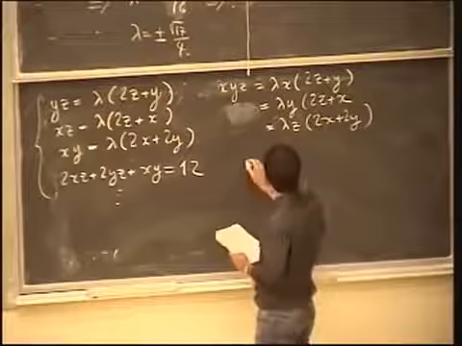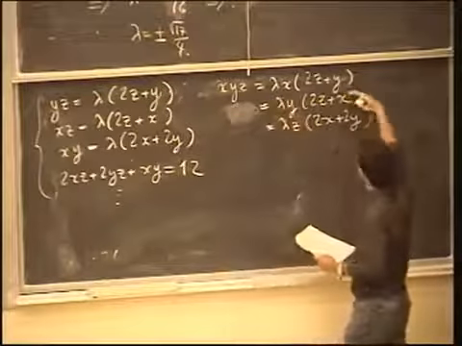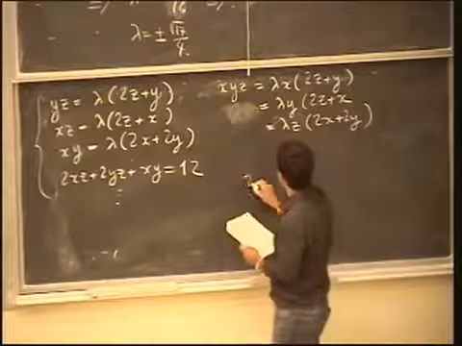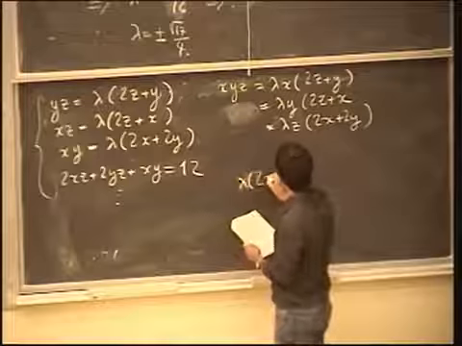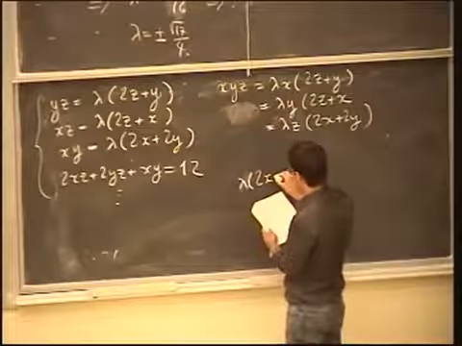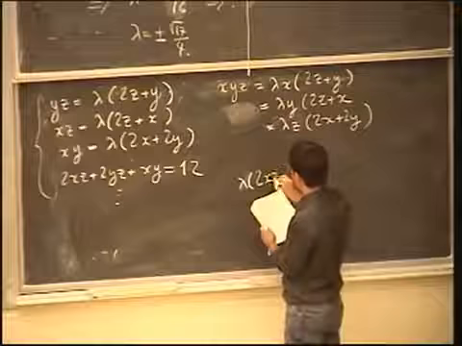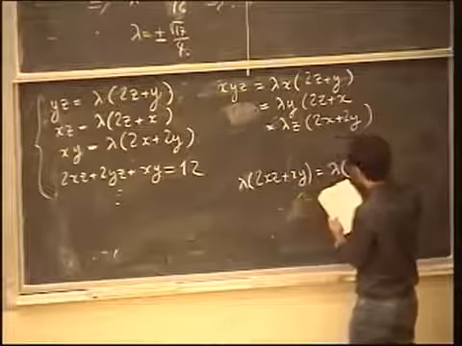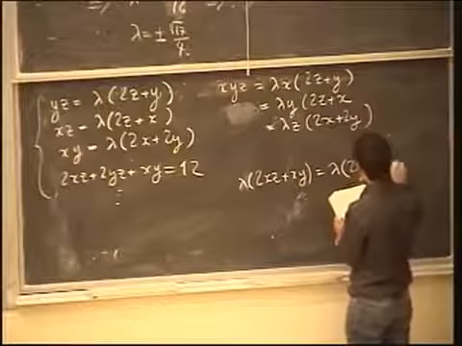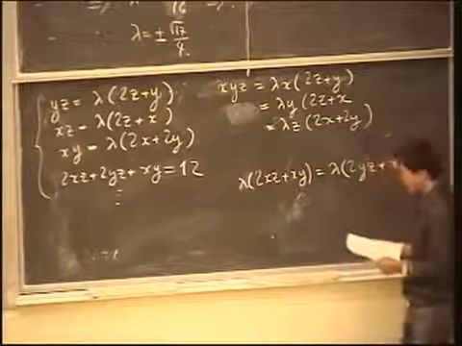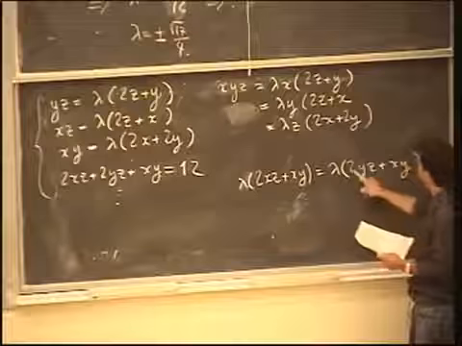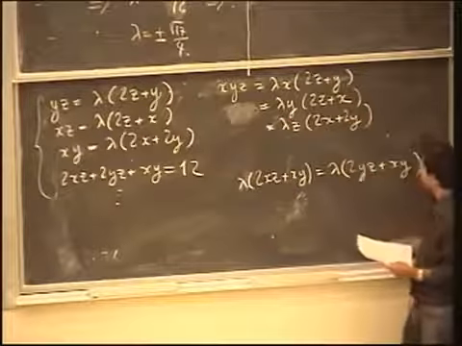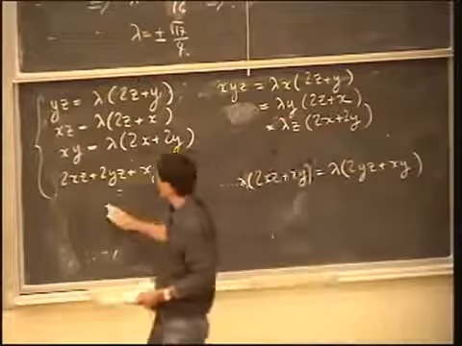So we get lambda times (2xz plus xy) is equal to lambda times (2yz plus xy).